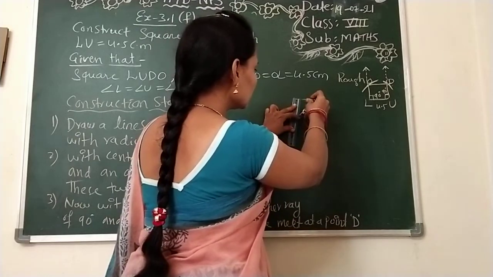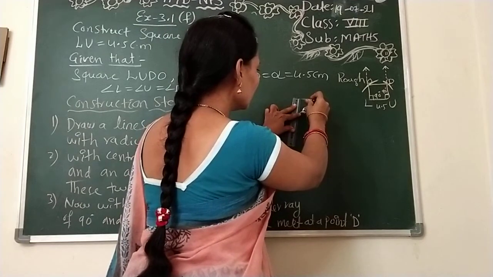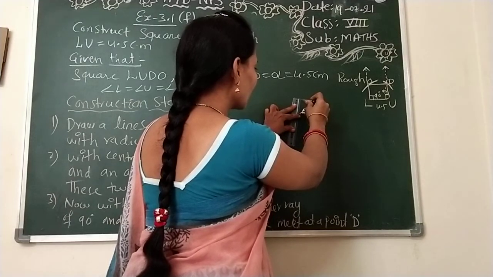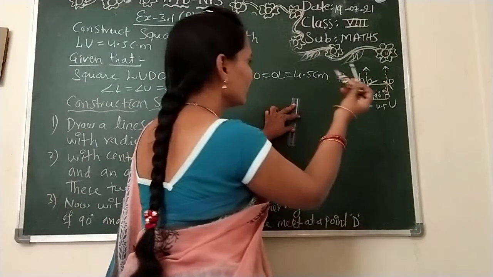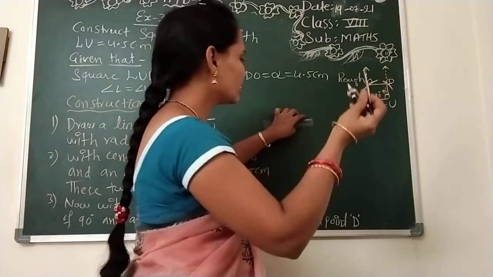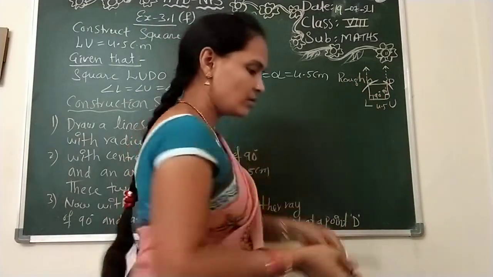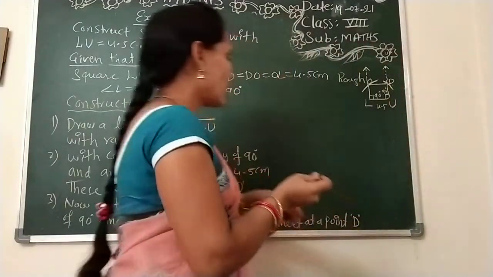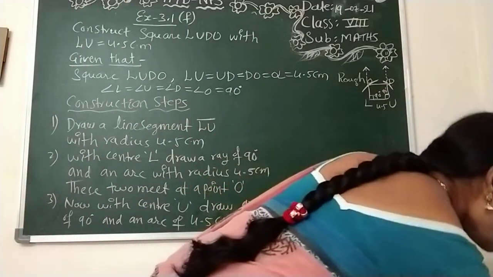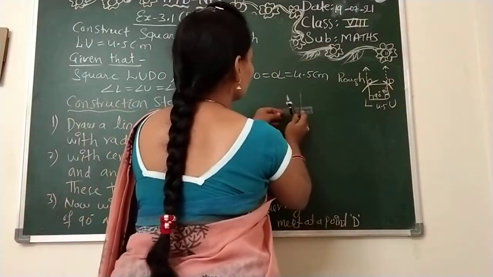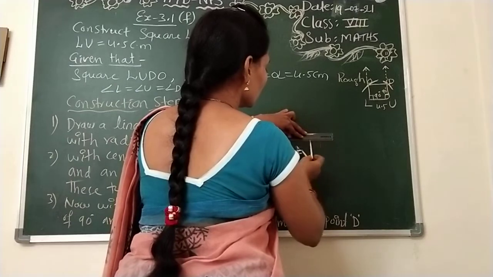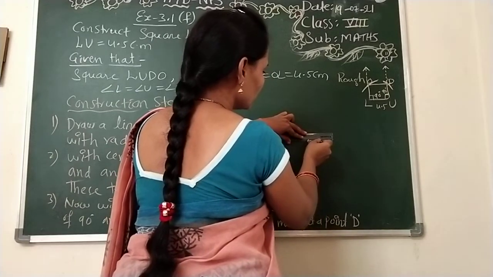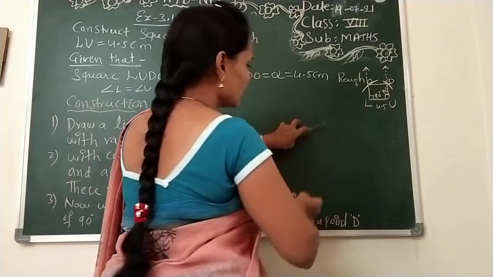This is 0, this is 1, and at the other end it should be 4.5. It is showing 4.5. Without shaking the ends of the compass, we have to take it like this.